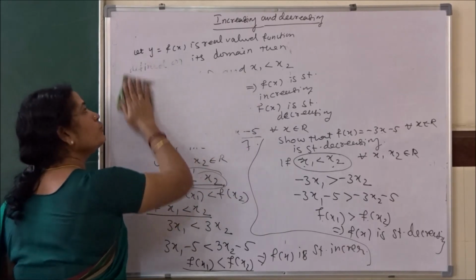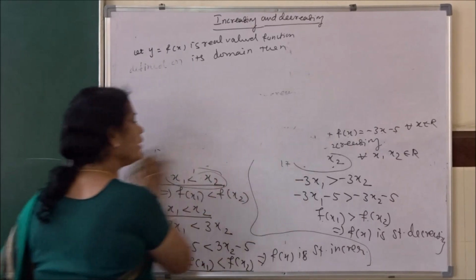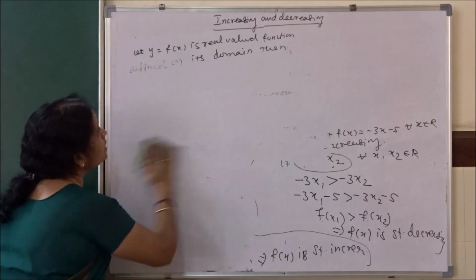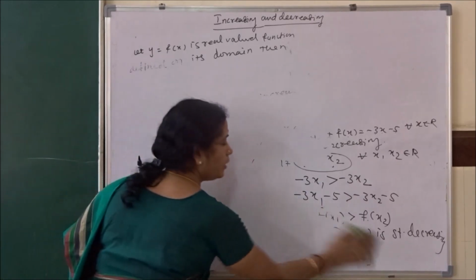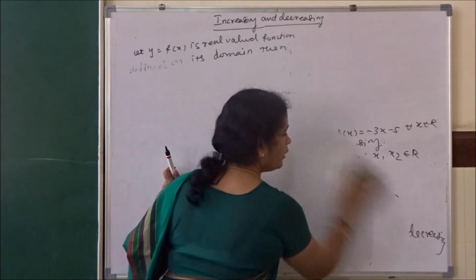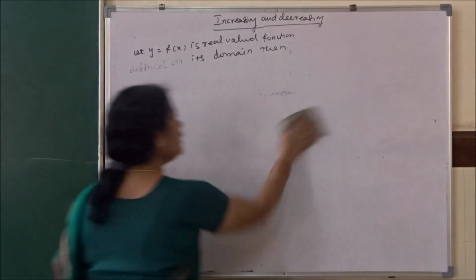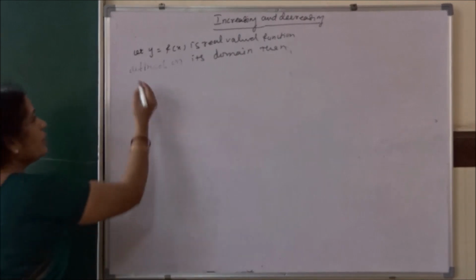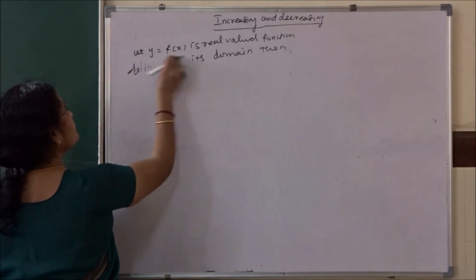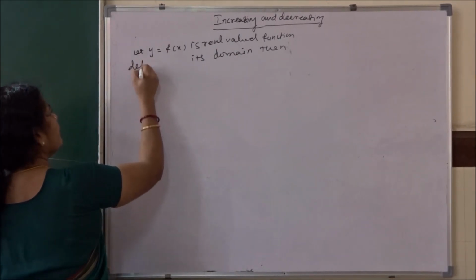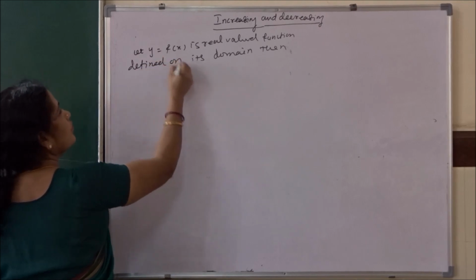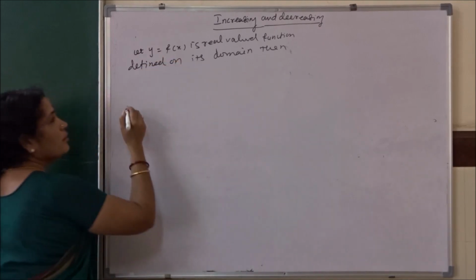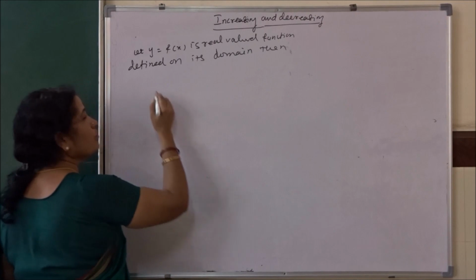Now, using the derivative test, how to do increasing and decreasing. The same definition, let us start. Let y equal to f of x be a real valued function defined on its domain. The domain may be real numbers, whatever is given. Now I am using the derivative.